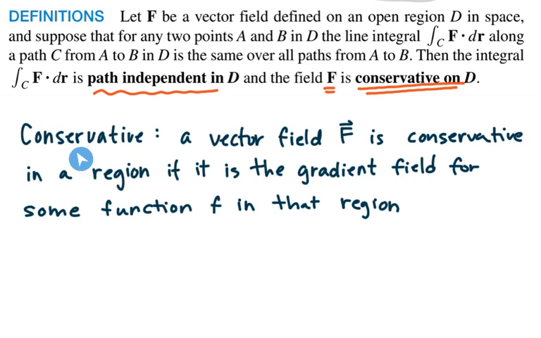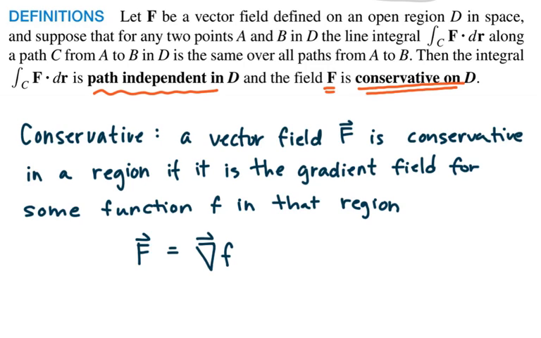Talking more about what that word conservative means, we can define a vector field F to be conservative in some region if it is the gradient field for some function f which lies in that region. By defining it this way, I'm saying that this force field can be conservative if it's equal to the gradient field of f.